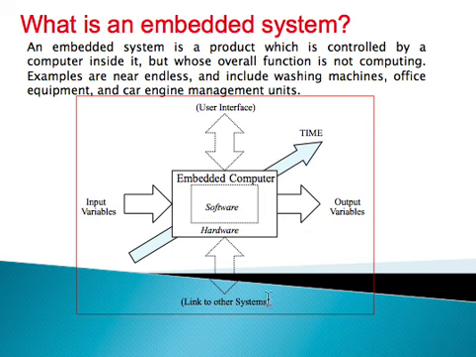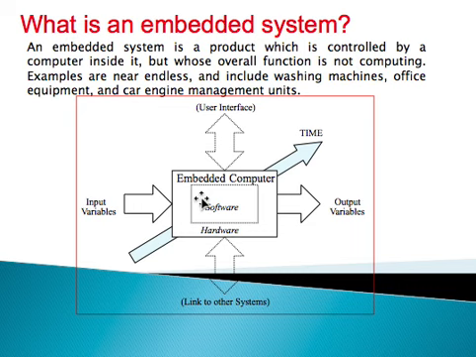Normally you've got a microcontroller. Basically it's an embedded computer, and it's got some input, some user interface, some output, and some attached hardware. If you relate this to a desktop or a laptop computer, your input could be your keyboard or mouse.